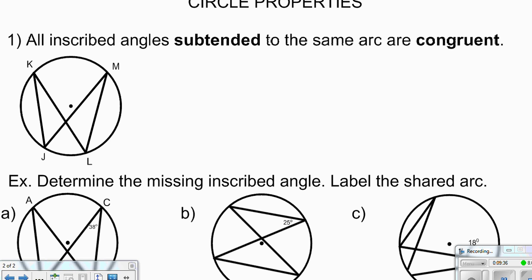Okay, some more lovely key terms. So what this says, our first circle property says that all inscribed angles, so remember inscribed angles have all endpoints on the outside of the circle, subtended to the same arc are congruent. So when we say subtended, we mean like they're open to the same arc, or they share the same arc.